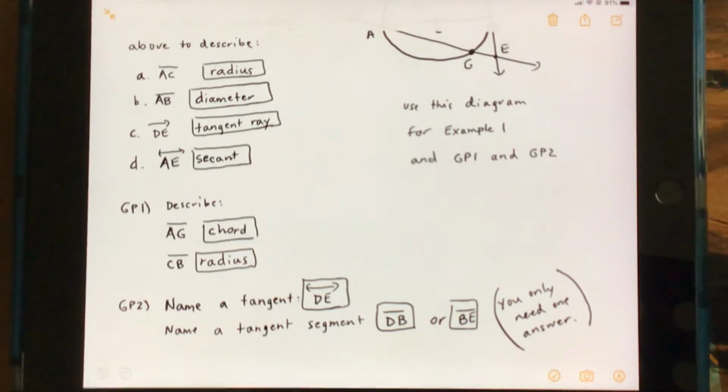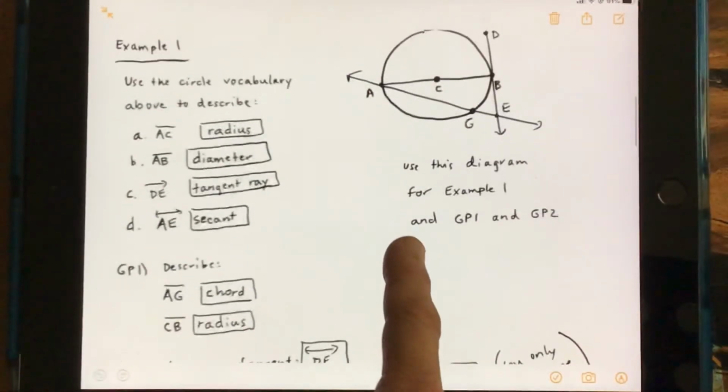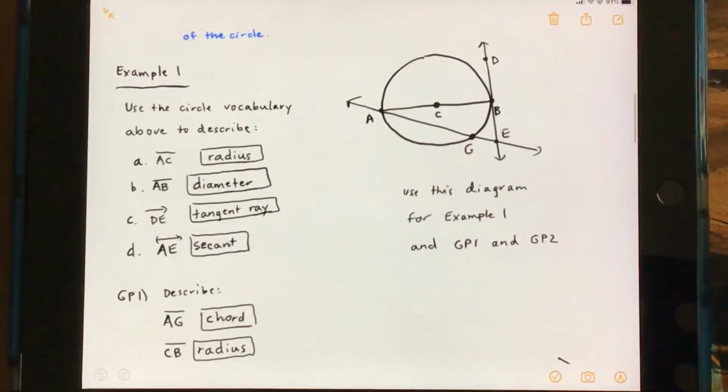I have written down 2, but you only need 1 of those answers or another answer that is also correct. So a tangent segment could be DB, from D to B, B touches the circle at point B, or BE, or you even could name line segment DE or ED. Those would all be tangent line segments for circle C.